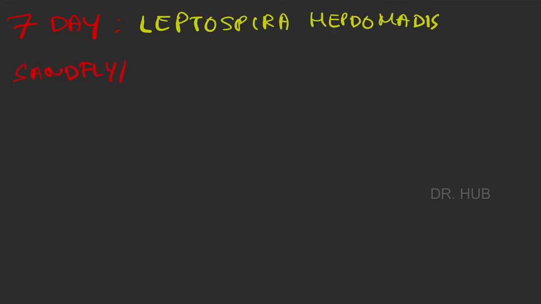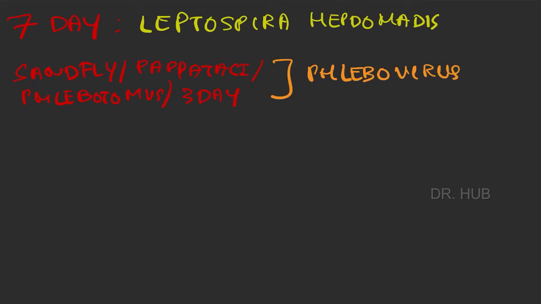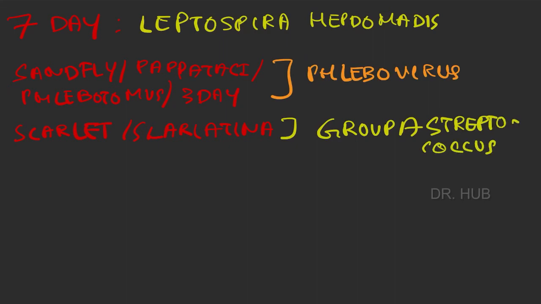Next, looking at the 7-day fever. This is by the Leptospira hebdomadis. Next, we are looking at the sandfly or Pappataci or phlebotomus or 3-day fever. This is seen in case of a phlebovirus. Next, scarlet fever or scarlatina. This is seen in case of group A streptococcus.